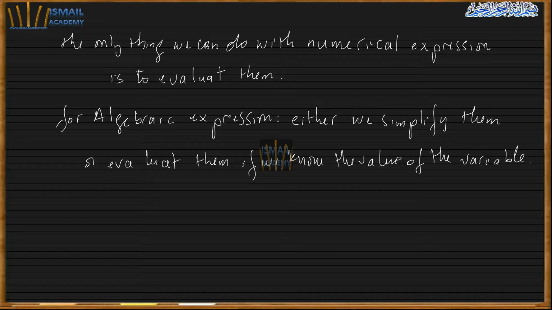If a numeric expression represents the value of a number, what about the algebraic expression? In fact, the algebraic expression represents another variable that we don't know. If I choose x as my variable, 2x plus 7 is another variable that I don't know.